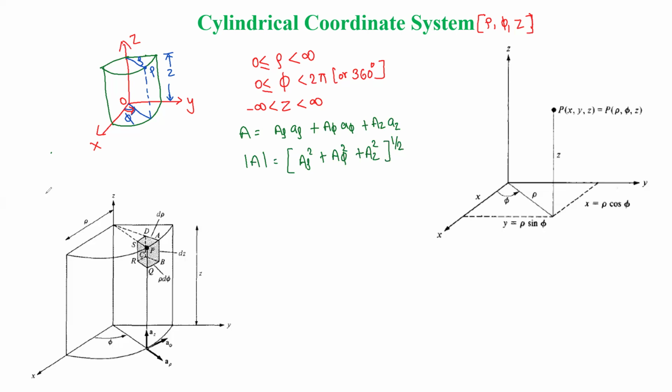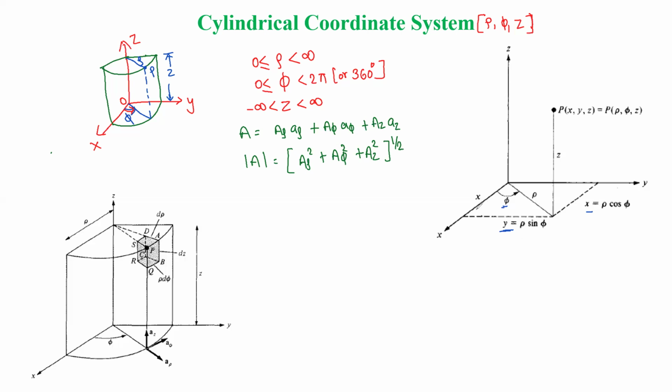Now we see how to represent cylindrical coordinates in terms of Cartesian coordinates. In this diagram, the vector is rho and the angle is phi. If you project it, x is the cosine component and y is the sine component. So y is rho sine phi and x is rho cos phi. Then we can write the magnitude of rho.